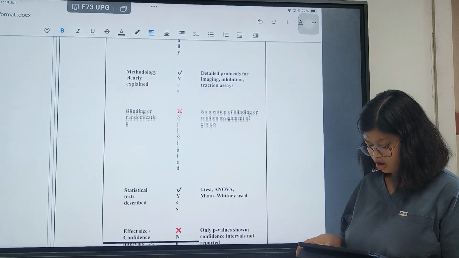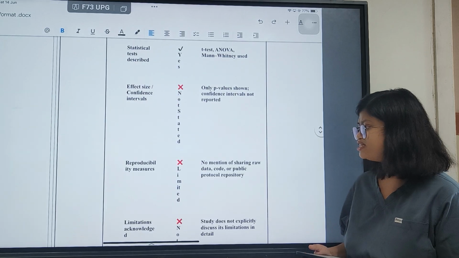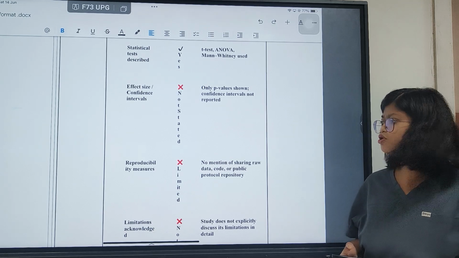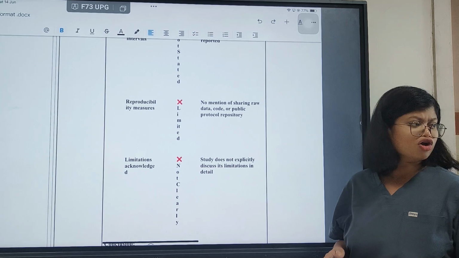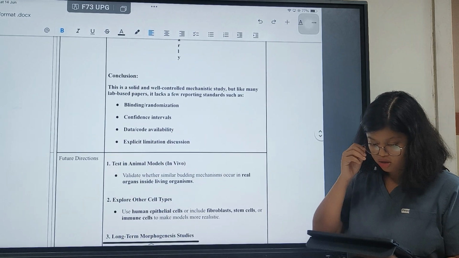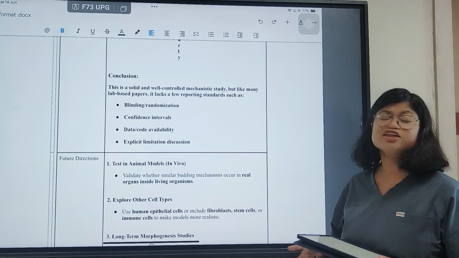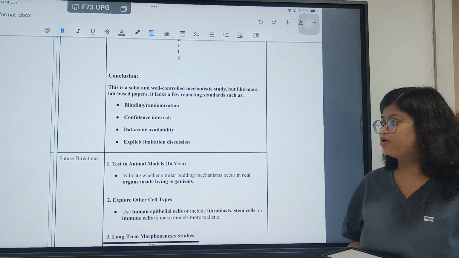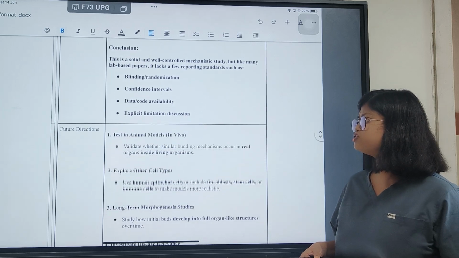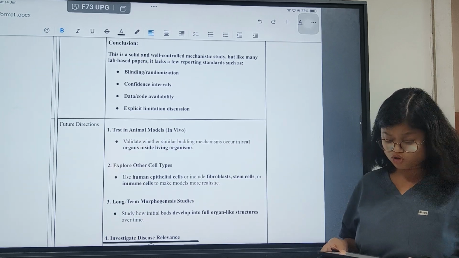But the blinding, effect size measurement, reproducibility measures and limitations acknowledged were not done in the study. So clear information could be given on the blinding, confidence intervals, data and code availability, and an explicit limitation discussion in the discussion section was not done.